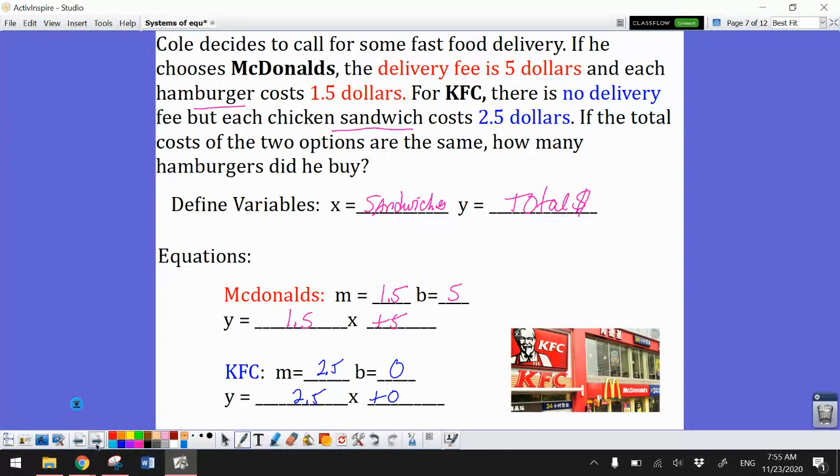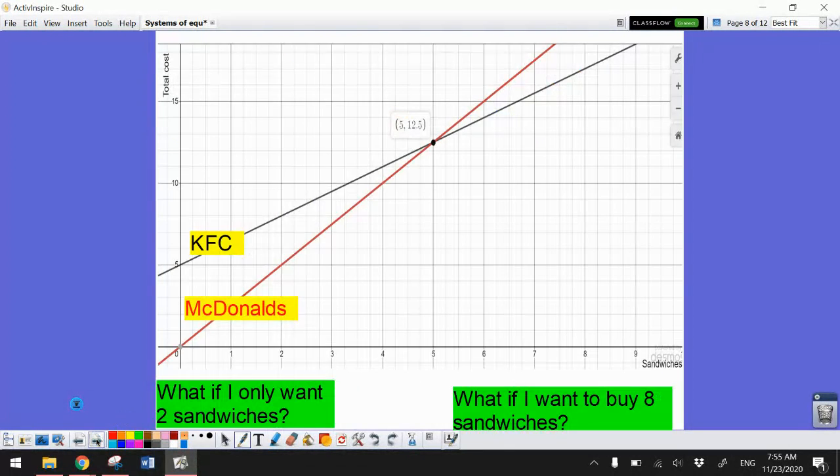Now let's go ahead and look at the picture. Okay, so here's my solution. I have 5 and 12.5. So I can buy 5 sandwiches for $12.50 from either place.